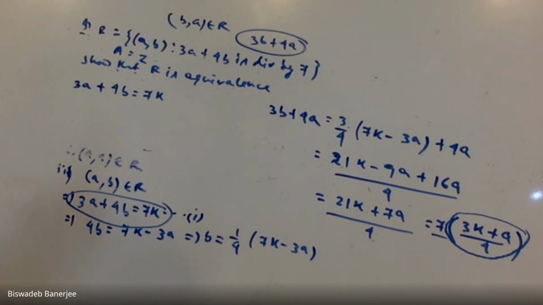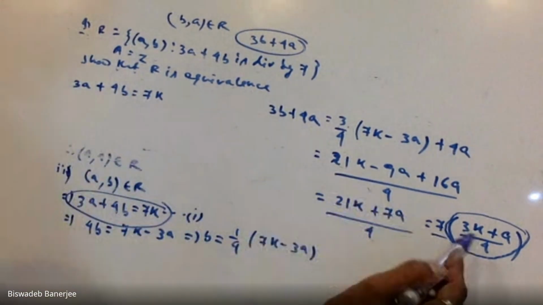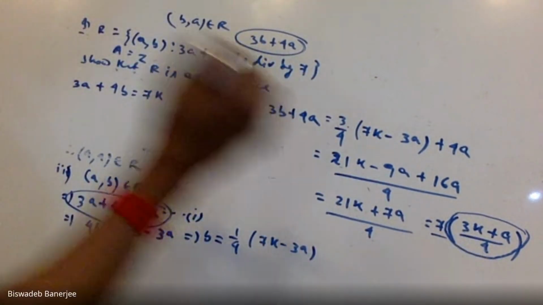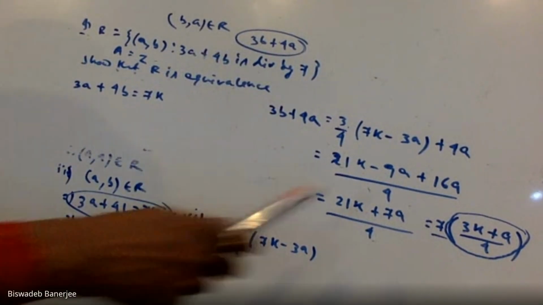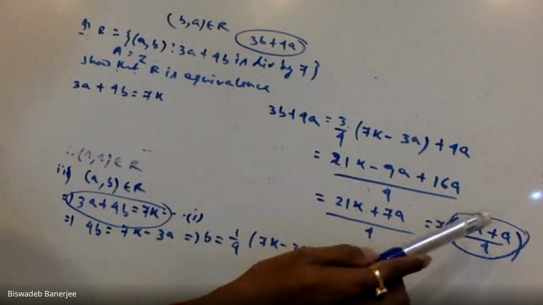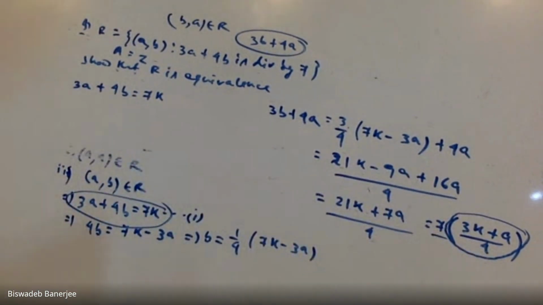Now, see that when this is an integer, if this numerator is divisible by 4, this ratio will be an integer. That means we have to check whether this numerator is divisible by 4.